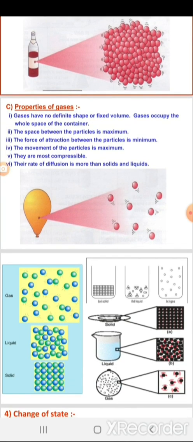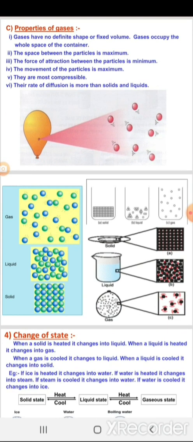The third state of matter, which is gas, we will discuss now. Gases have no definite shape, but again they have a fixed volume. Gases occupy the whole space of the container. We cannot see air but we can feel it.